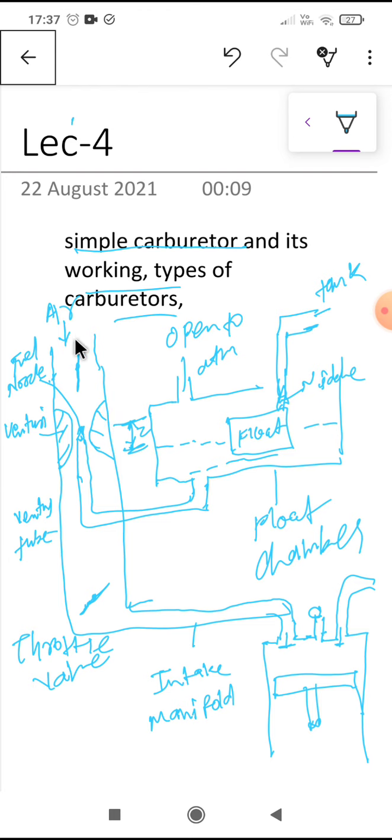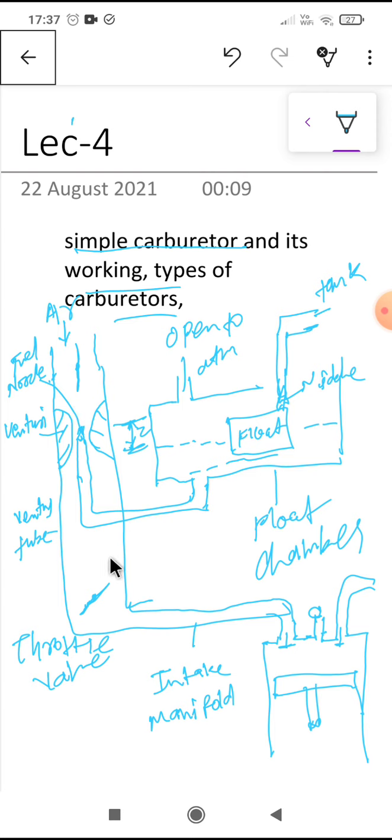When you start your moped or two-wheeler and you close the choke valve, what it does is close the entry of air so that more fuel can flow. So this is the function of the choke valve. During starting, the rich mixture is available by controlling the air supply.